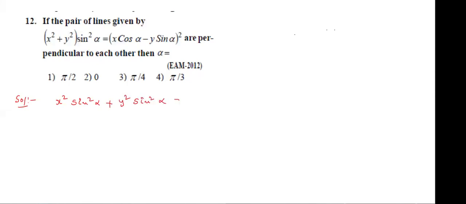See the right hand side, that is in the form of a minus b whole square. a square x square cos square alpha minus 2ab cos alpha sin alpha into xy plus b square y square sin square alpha.